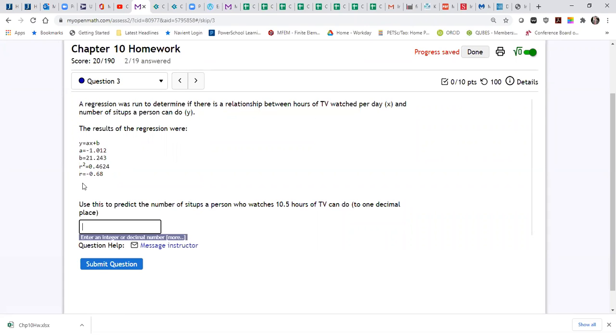So the result is like this. The A is this number, the B is this number, and then the R is this number, right? And then you use this to predict the number of sit-ups a person who watches 10.5 hours of TV can do.